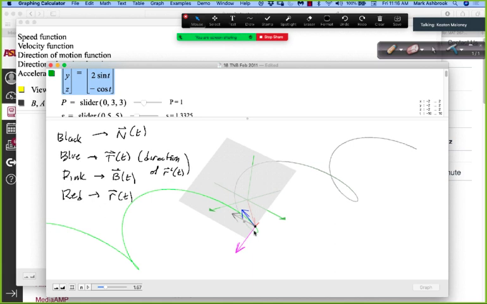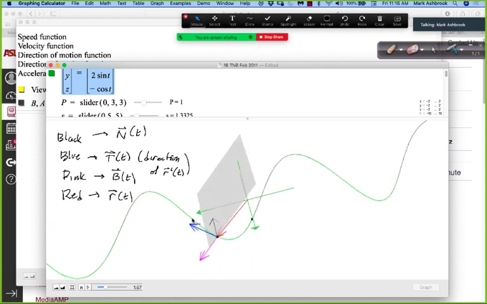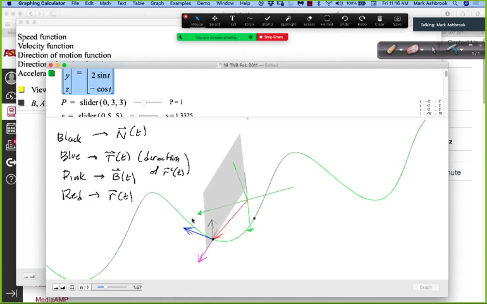Would it be the normal? Someone wants the normal plane. The rest of you agree? Yes, right? That's the plane that the curve is orthogonal to at that moment. The curve is coming through, it pierces through that plane perpendicular to it. So this is the normal plane. Which vector would we use to write its equation?